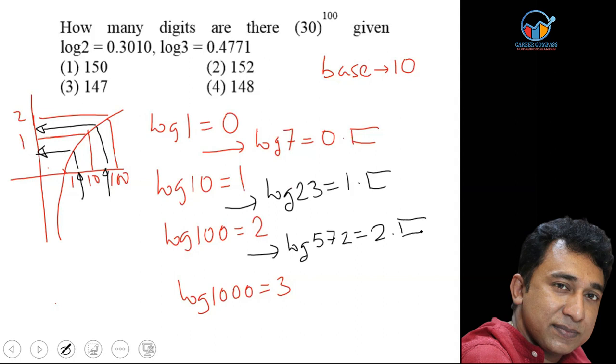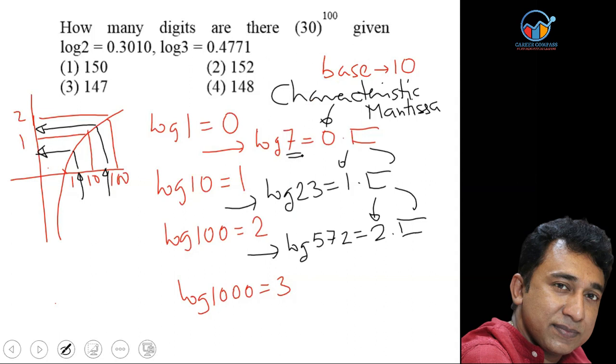Now see, the value of logarithm that you get has two parts. One part is the integer part, and one part is the decimal part. The integer part that you get is called characteristic, and the decimal part that you get is called mantissa. Now see, if I have one digit here, then the characteristic is 0. If I have two digits here, then the characteristic is 1.